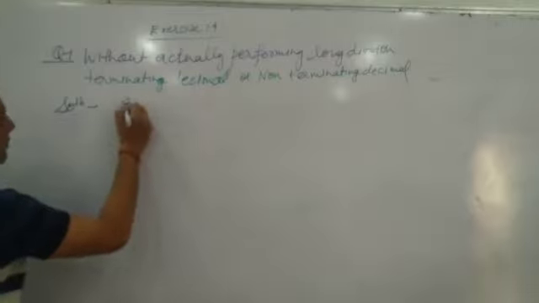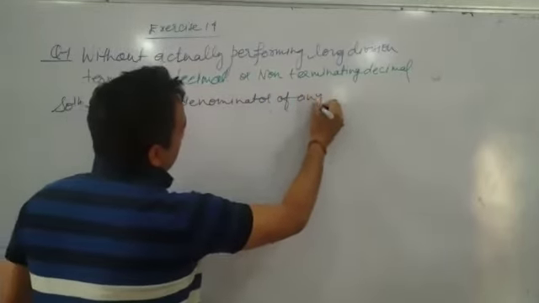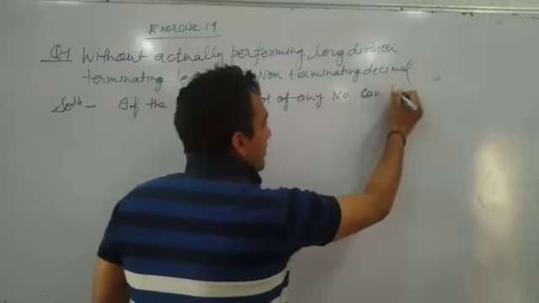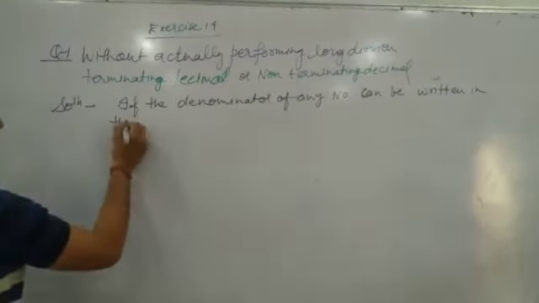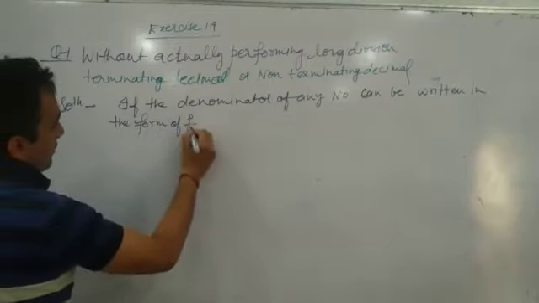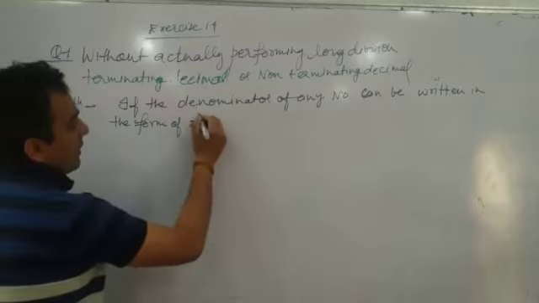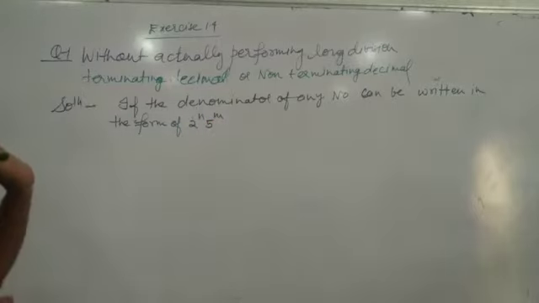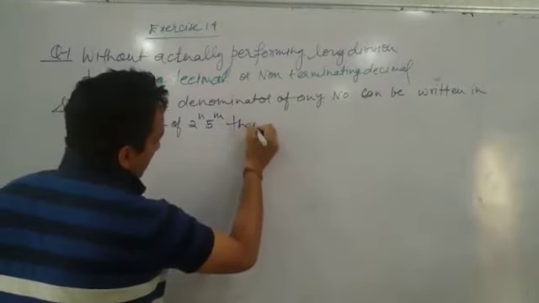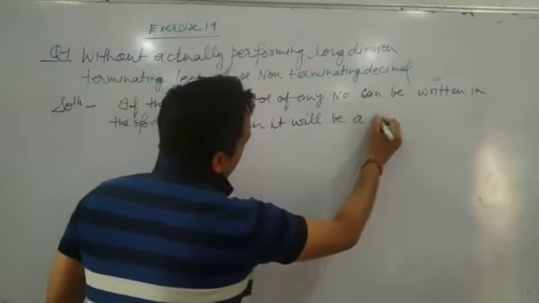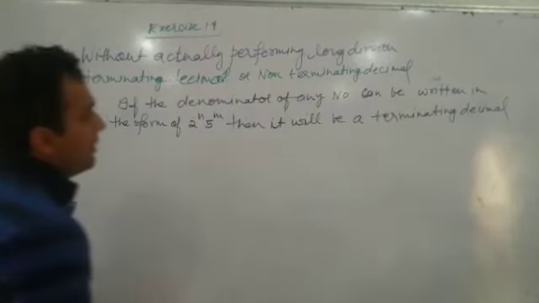If the denominator of any number can be written in the form of 2 to the power n, 5 to the power m, that is, it consists only of factors 2 and 5, then it will be a terminating decimal.